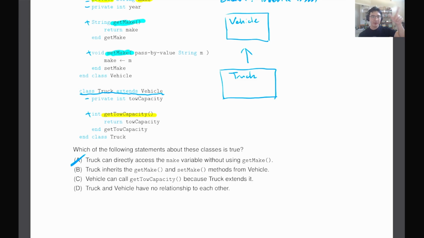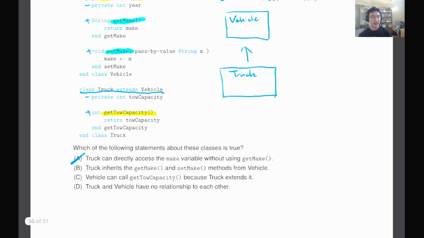But the relationship doesn't flow the other way. The parent class does not automatically get to take from the child. So answer choice C is wrong because the parent, the vehicle class, does not automatically get stuff from their child class just because it's public in the child class.